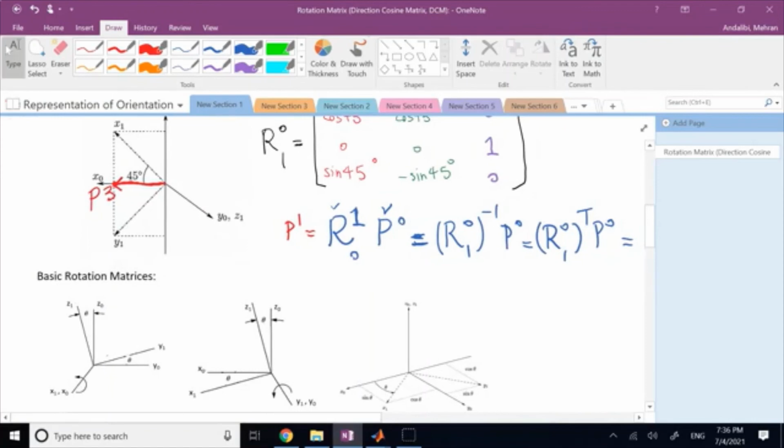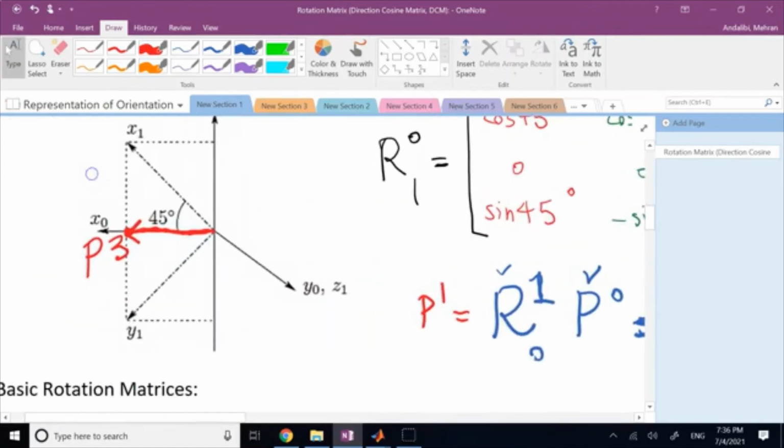Let's see if that's the case. And you clearly see this vector has nothing along z1 because z1 is perpendicular to that vector. And if I project it along x1 and y1, of course, this is going to be what? This guy here, your y1. This is going to be 3 times cosine or sine of 45.